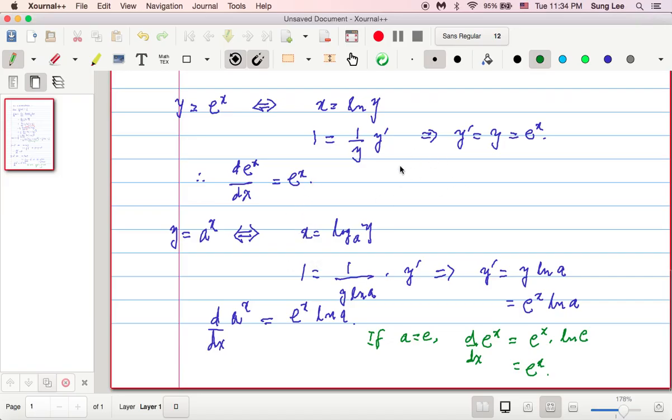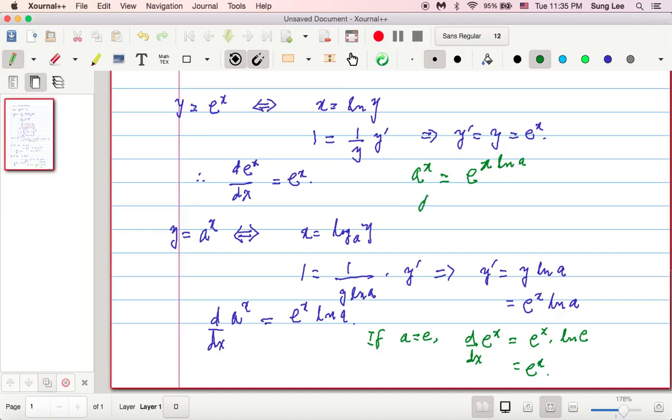Another way you can show it is this: from here, a to the x, using a well-known identity from algebra, can be written as e to the x times ln a.